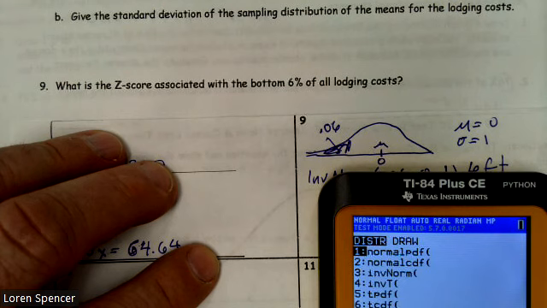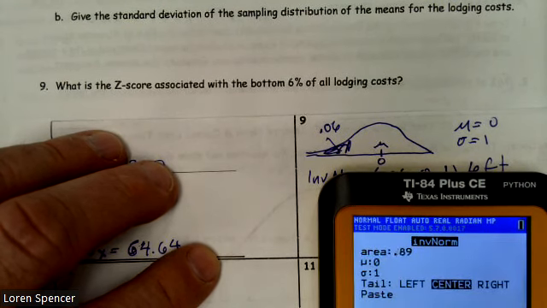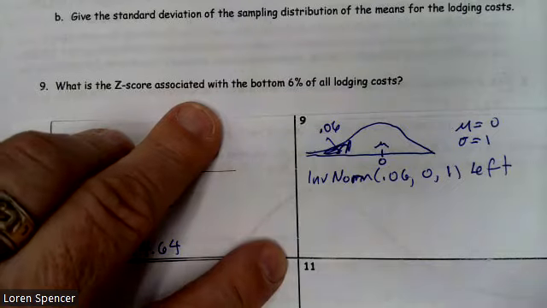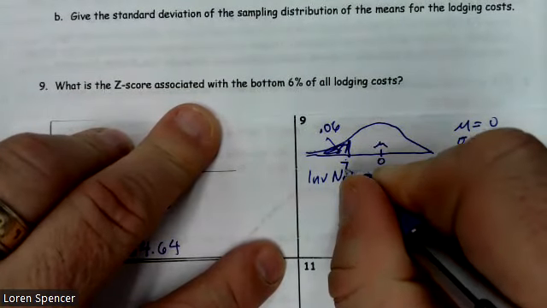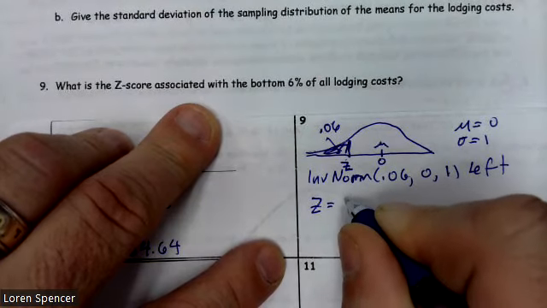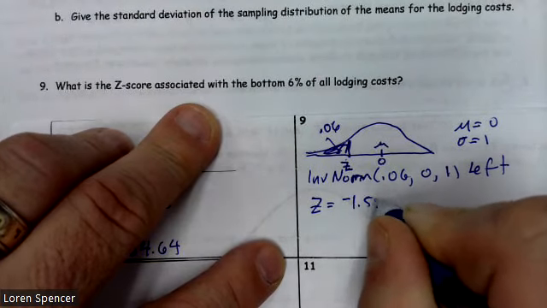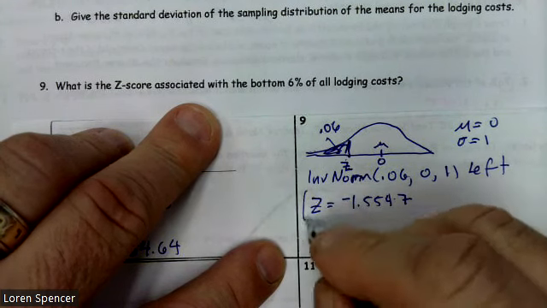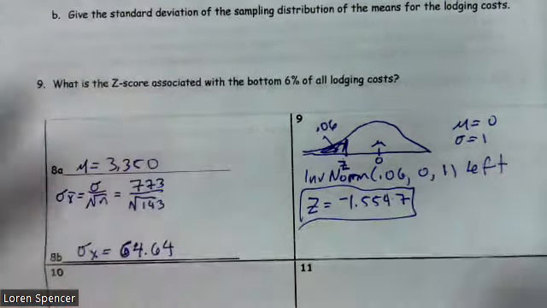So second vars, inverse norm, area 0.06, mean is 0, standard deviation 1. Make sure it's on the left. And we end up getting negative 1.554. So we found this z-score, and it should be negative because we are below 0. So negative 1.5547, taking it to 4 places. And that's my answer to that.